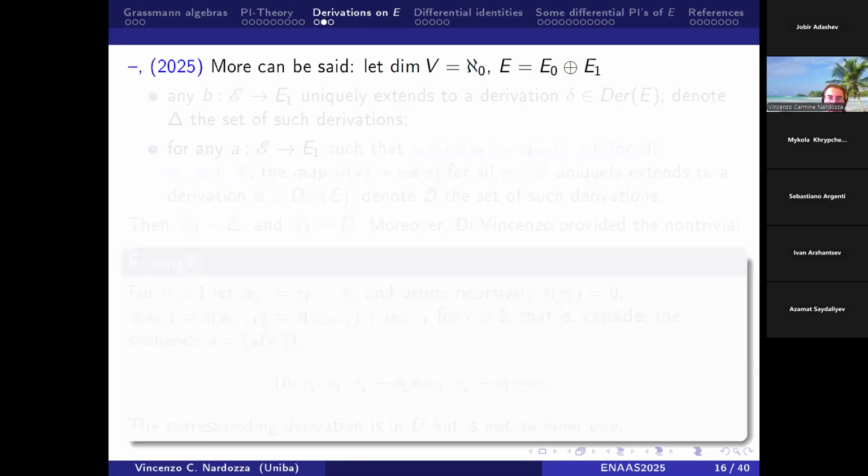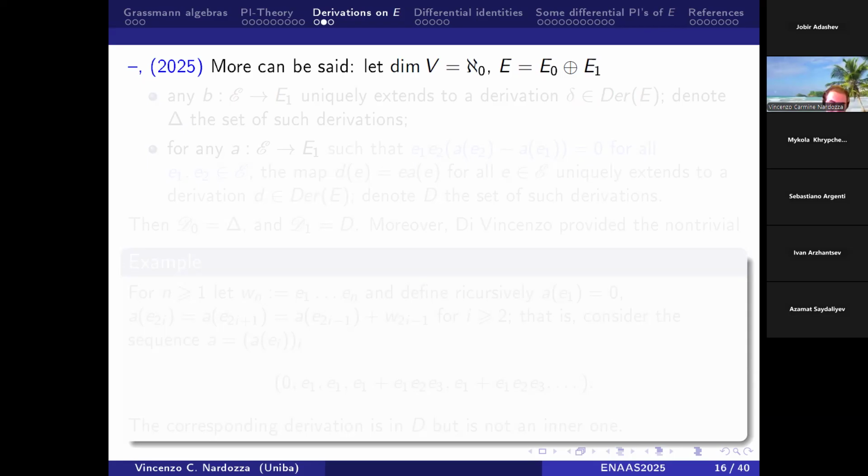Actually, more can be said. Let us fix the case where the dimension of V is the cardinality of N. And this describes E as the direct sum of its even and odd components.